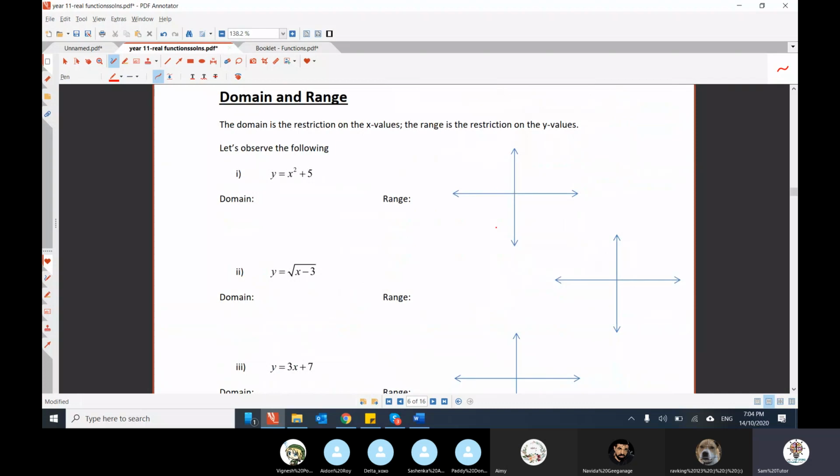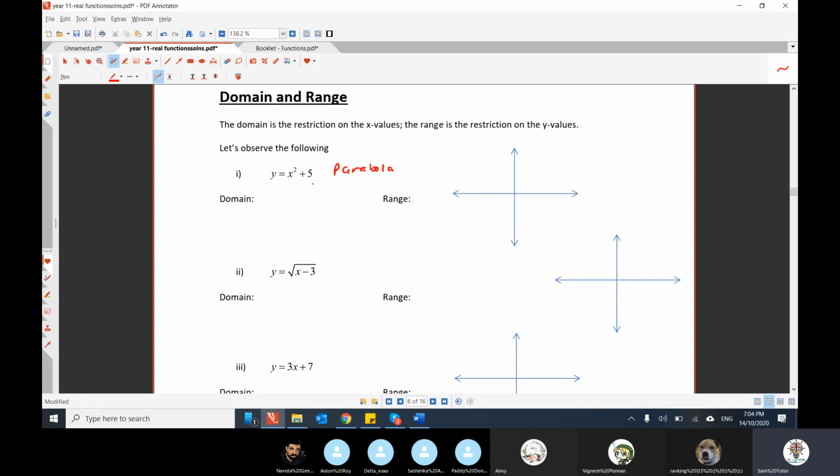Domain and range. Let's do this. First one, let's start with Vinesh. What kind of graph is it? It is a parabola. And what's happened to that parabola? It's just a happy parabola that has been shifted.